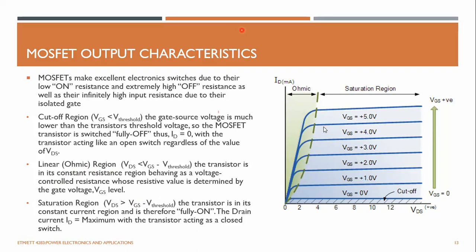Most of the time, any design engineer would like to keep the MOSFET at the lowest VDS drop as well as the maximum current. So this is the desirable point where you can get the maximum current at the lowest voltage drop across the MOSFET.